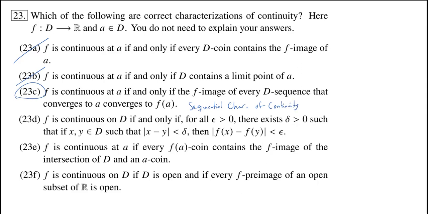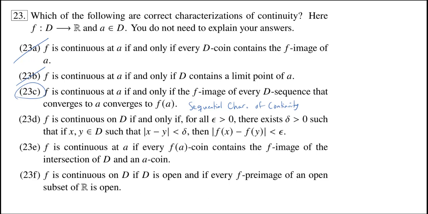F is continuous on D, so on the entire domain D, if and only if for all epsilon greater than 0, there exists a delta greater than 0, such that if x and y are in D, such that the absolute value of x minus y is less than delta, then the absolute value of f of x minus f of y is less than epsilon.